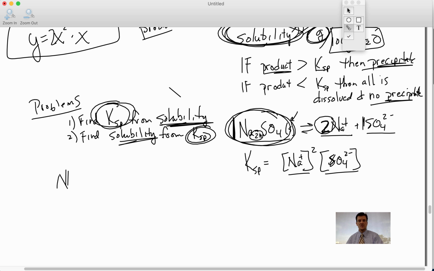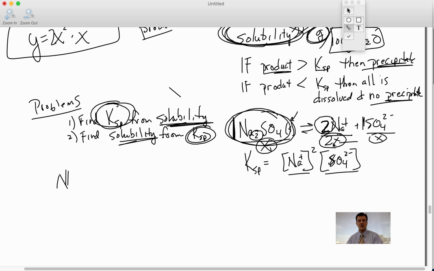So if X amount of this dissolves, then you're going to produce 2X of this and X of the sulfate. So if they give you a number, X, whatever that X is, this amount here that is dissolved at the saturation point is 2X, and this amount is X.